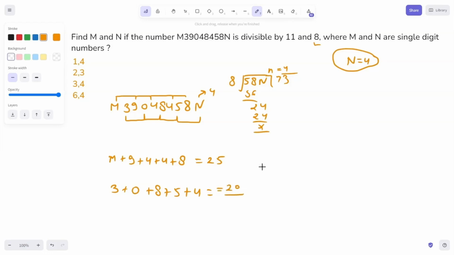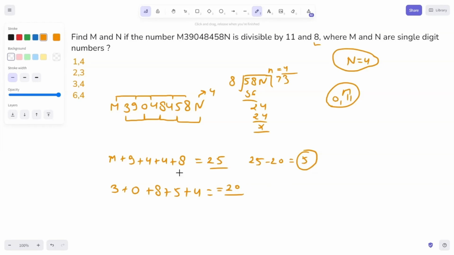Let's see the difference. The difference is 25 minus 20, so the difference is 5. And as I told you, if the difference is 0 or a multiple of 11, it means the number is divisible by 11. So what should I add to this 5?